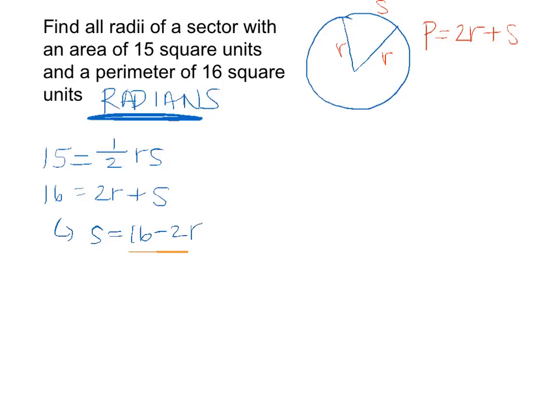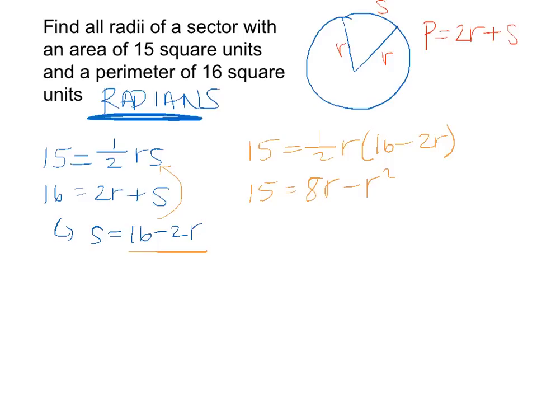What we're going to do with that is take this expression and plug it into our area formula for that s. I take that over here, we end up with 15 equals 1/2 r times 16 minus 2r. If you distribute the 1/2 r, you end up with 15 equals 8r minus r squared.